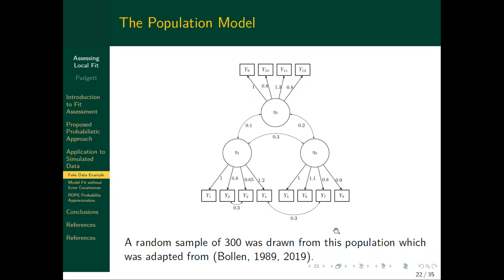And what we're going to do is take out these two error covariances when we estimate the model to see if we get evidence of misfit, which we will, because we know we did. And then we will see if we can recover these unestimated paths using the rope probability approximation. Again, we want to see if that probability is very high for these different paths.